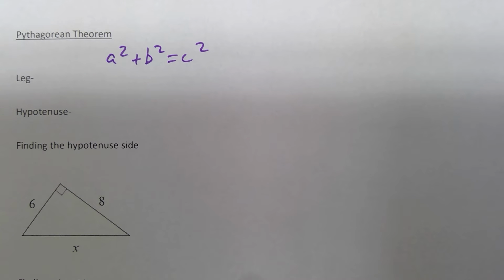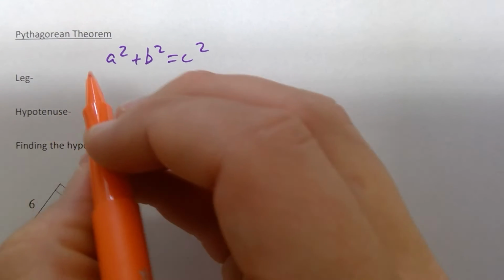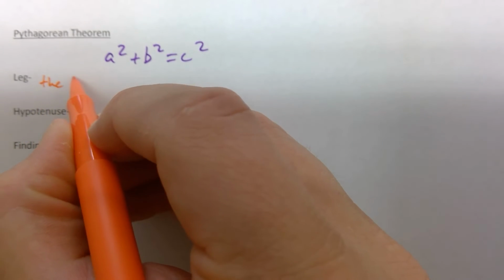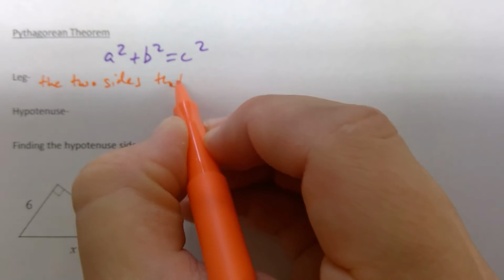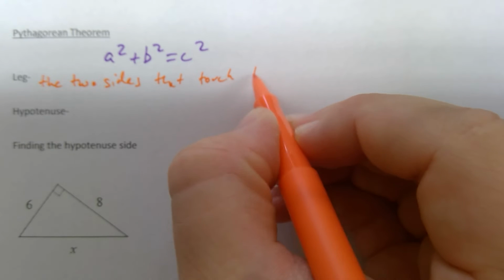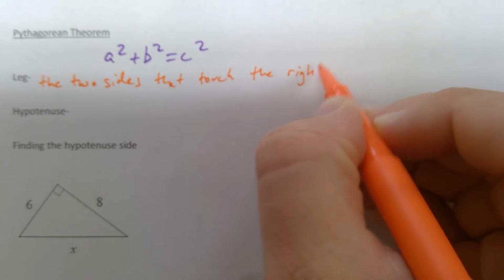Okay, so we talk about two types of sides here, the legs and the hypotenuse. So we've seen the hypotenuse already. Okay, so let's think about the legs. So the legs are the two sides that touch the right angle.